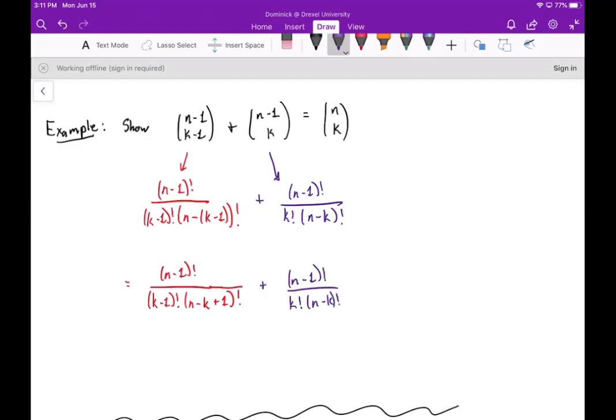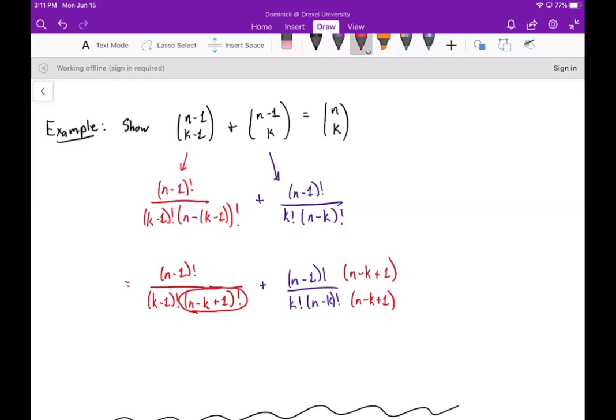For this term, I would need to multiply the right side by an n minus k plus 1, top and bottom, of course.